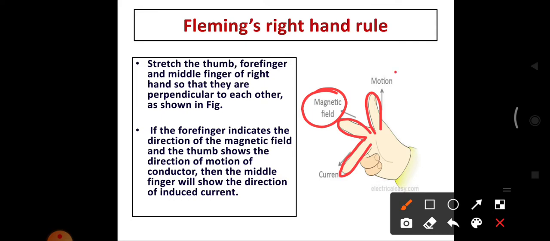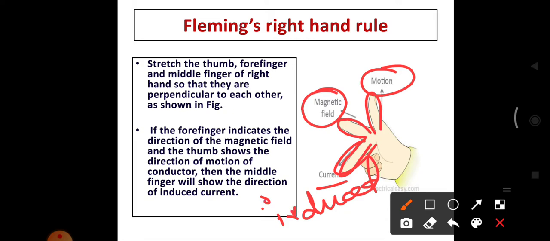The thumb indicates direction of the motion, but the middle finger indicates not current, it indicates induced current. In the Fleming left hand rule, we just represent the current, but in the Fleming right hand rule, you have to write that the middle finger is used to find the induced current.